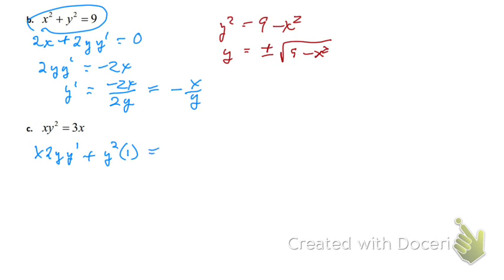On the right side, I've just got 3. Now notice there's not a y prime right here. Why? Because I just multiplied that second factor in the product times the derivative of the first.